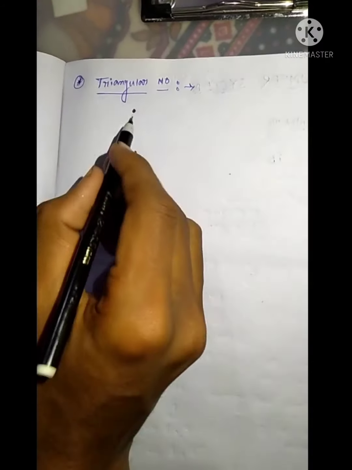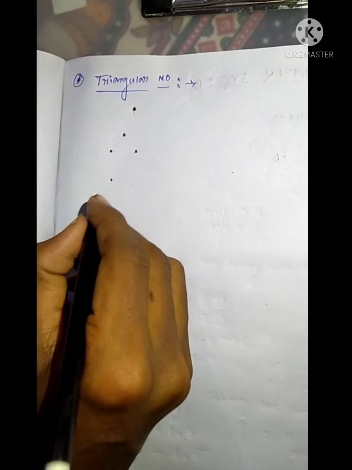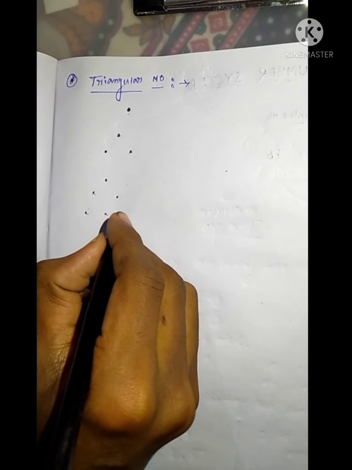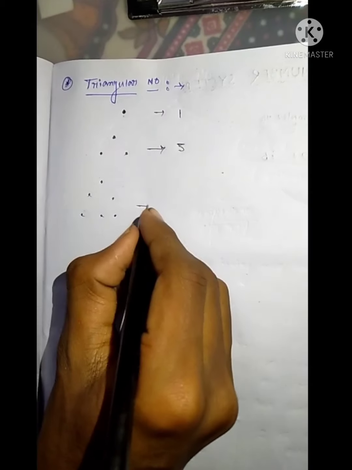Now we will study about triangular numbers and triplets. Triangular number. If we try to draw a triangle using dots, here 1 dot, here 3 dots, here 6 dots.